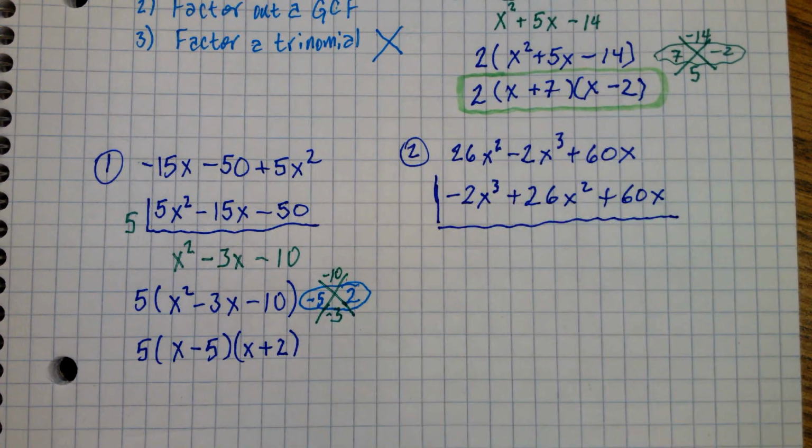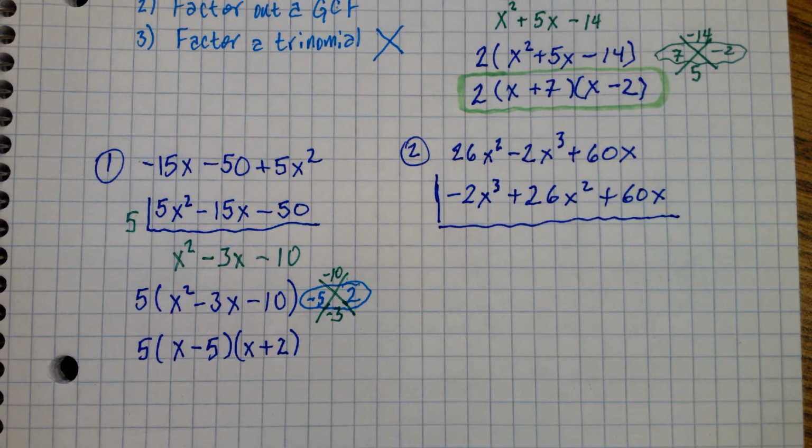Okay, let's factor out a GCF because that is definitely going to happen. Let's just look at the numbers, negative 2, 26, and 60. What number pops out? Negative 2. Because the leading coefficient is negative, you do want to factor out a negative 2 so that the coefficient on what's left is positive.